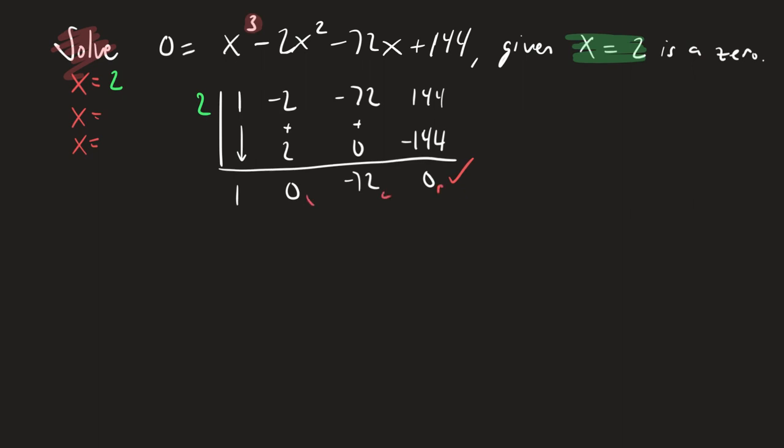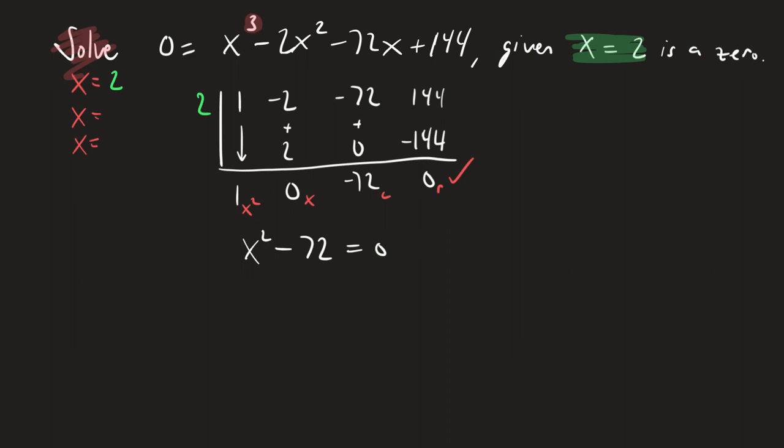Remainder constant, x squared minus 72 equals 0. So finish solving this.